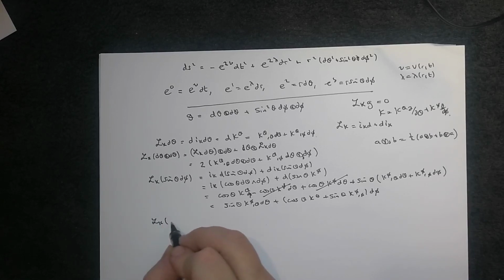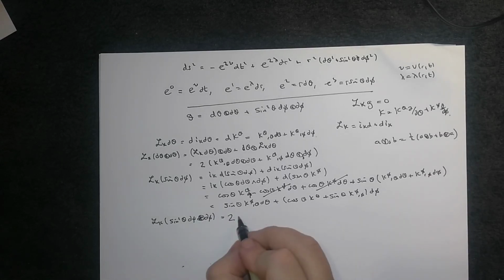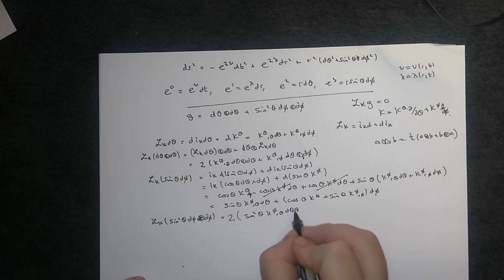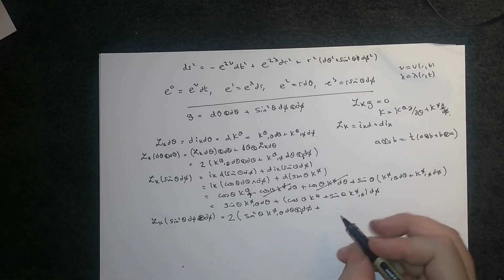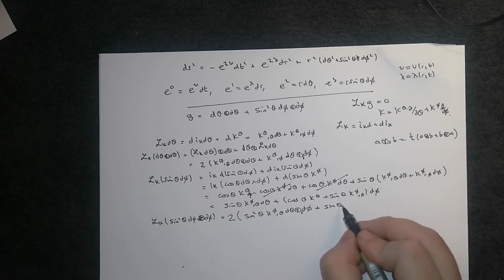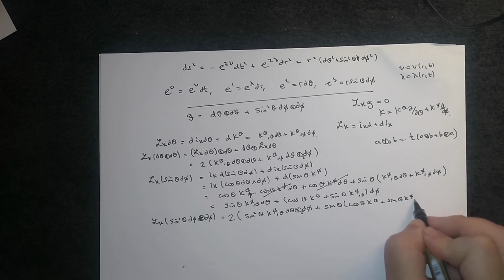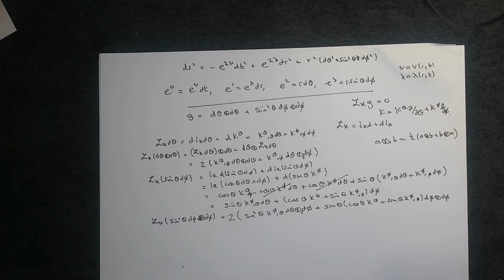Therefore, the Lie derivative of sin squared theta d phi tensor d phi is twice sin squared theta k phi theta d theta tensor d phi symmetrized plus sin theta cos theta k theta plus sin theta k phi comma phi d phi tensor d phi. Close brackets.